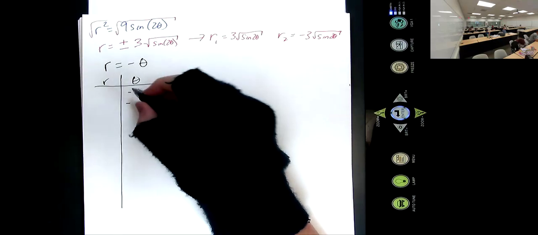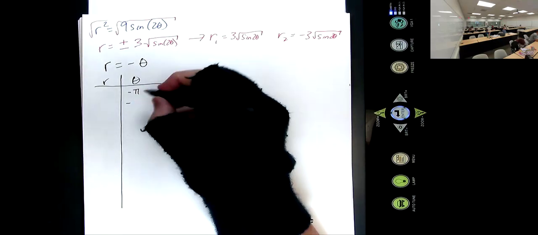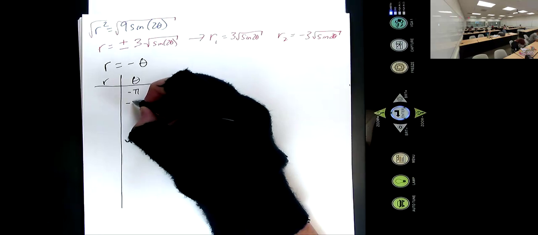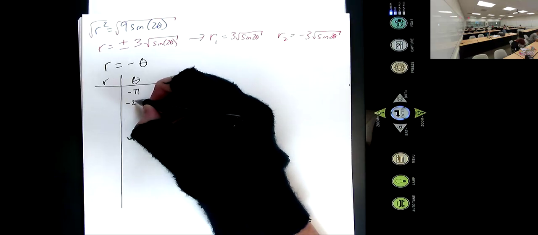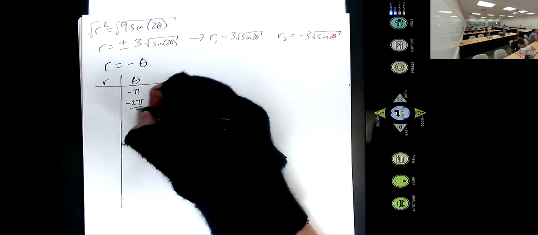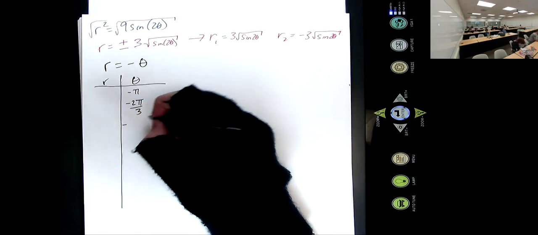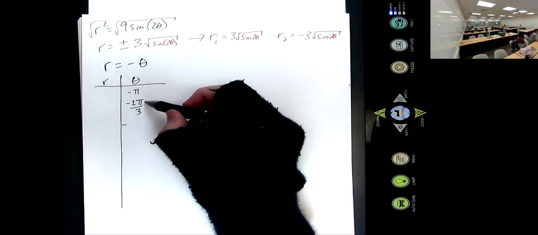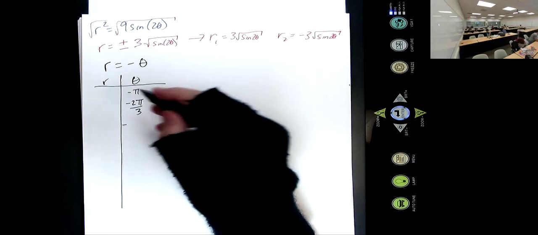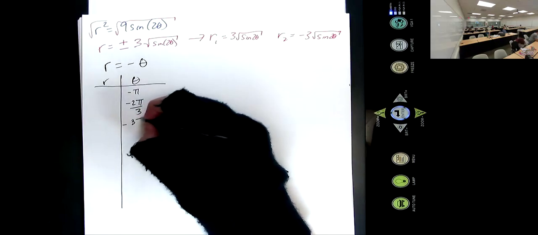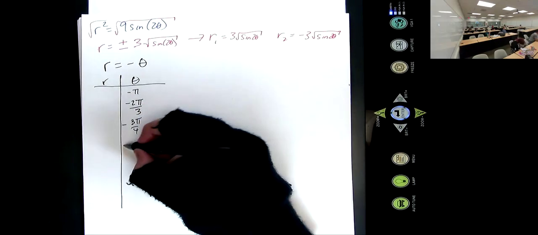What would be closer, negative two pi over three? Negative pi over four, wait, yeah, negative three pi over four. Negative pi over two.